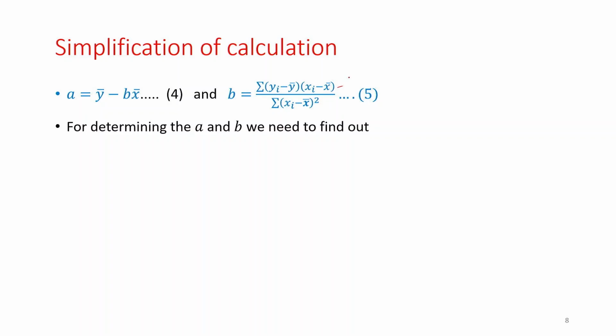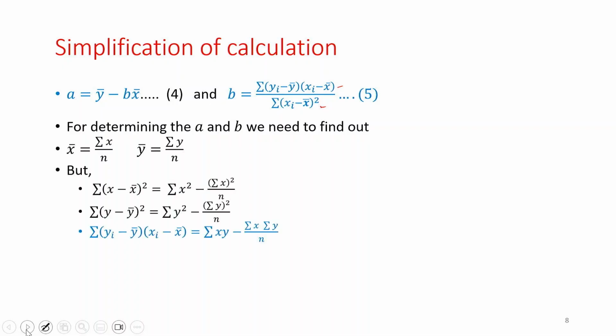Looking at the numerator and the denominator, we have the deviations between Xi and X bar, square them up and then sum them up. This is what we need to know. This is a very tedious calculation, so we need to make the calculation simple by simplifying these expressions.